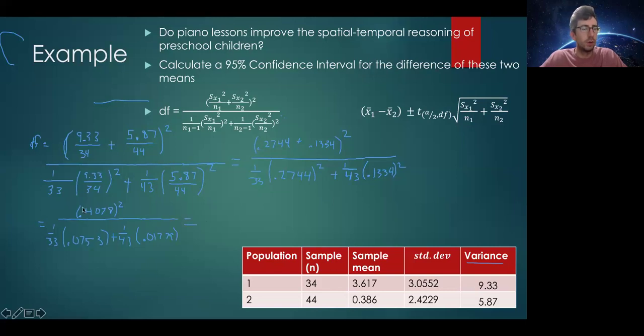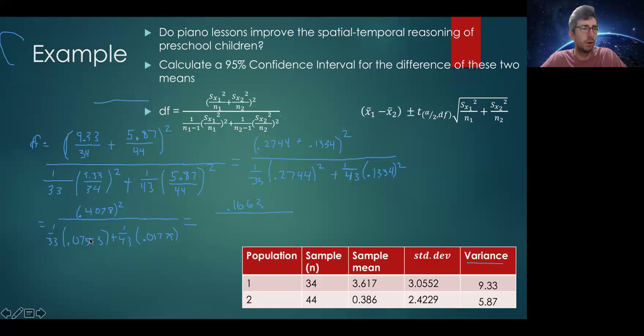Okay, so let's square this term up here. If we multiply 0.4078 by 0.4078, I get 0.1663. And now let's multiply 1 over 33 by this 0.0753.